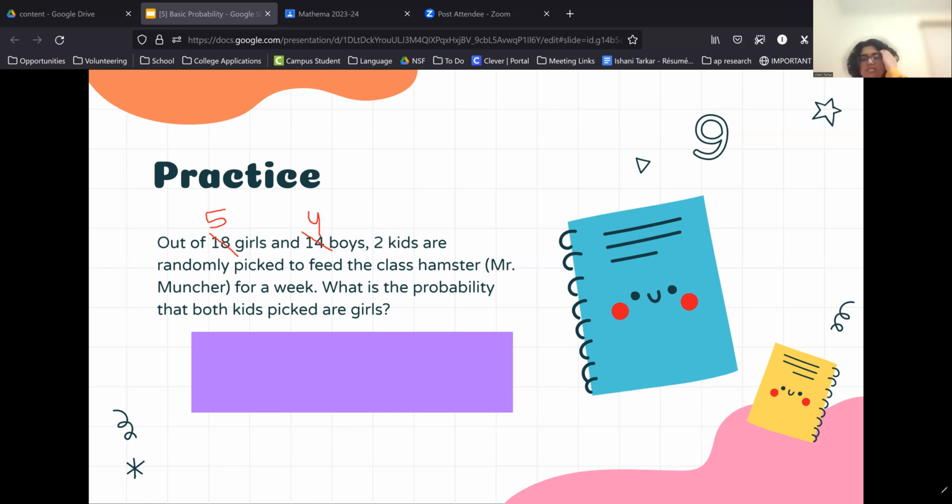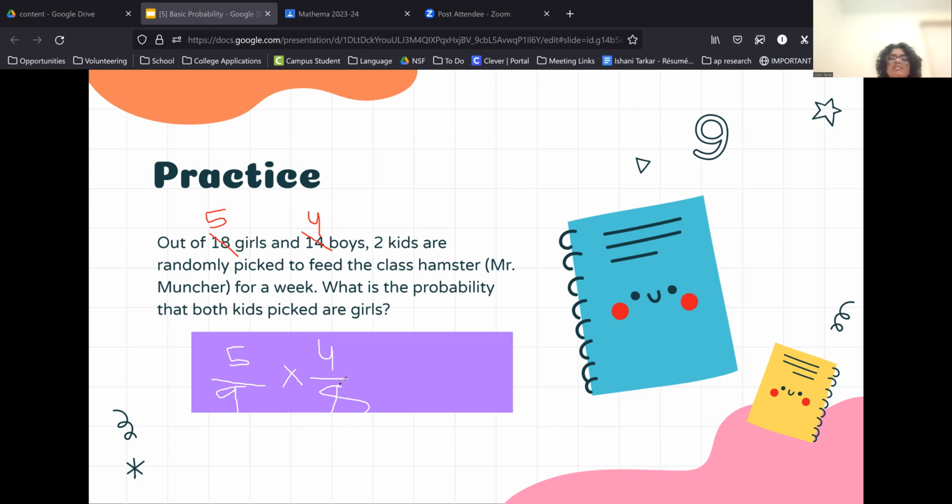Okay, so back to the problem. So out of a class of 9 kids, we want to randomly choose 2 people who are girls, right? So we have a total of 9 as the total number of outcomes for the first kid, and 5 of them will be girls. And then we have a total number of 4 girls after we remove 1 out of 8, right?